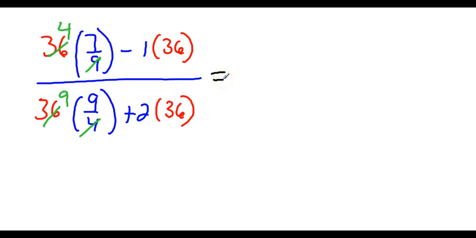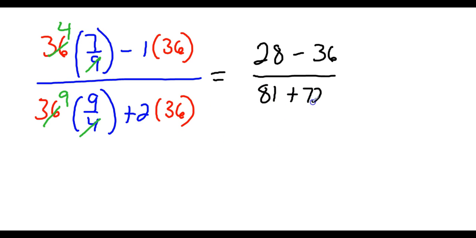And once you cancel the fractions, now it's just multiplication. 4 times 7 is 28. Minus 1 times 36 is 36. 9 times 9 is 81. 2 times 36 is 72. And just add the numbers on top, or in this case subtract them. 28 minus 36 would be a negative 8. 81 plus 72 would be 153.